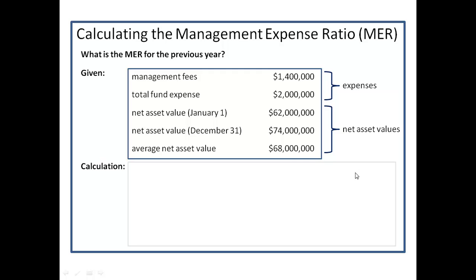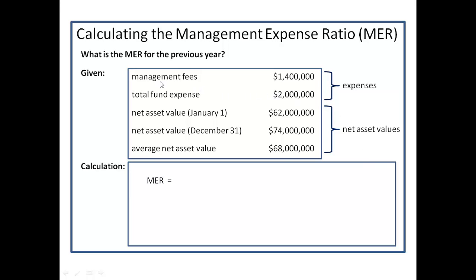In our calculation for our MER, it's a little bit of a trick that this is titled management fee, and you would think that the management expense ratio would be based on the management fee. But in essence, it makes more sense in calculating and presenting to investors the total fund expense as an accurate picture of the expenses that the fund has incurred throughout the year.